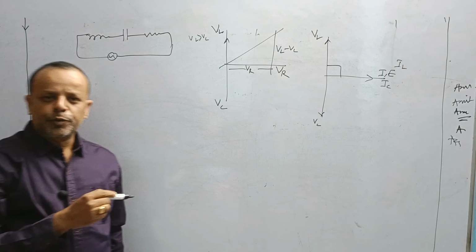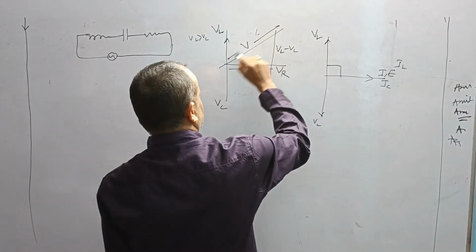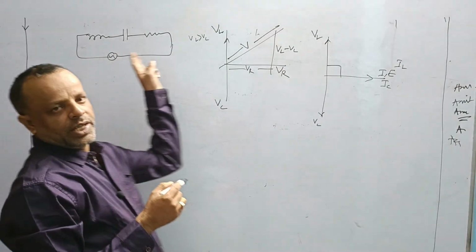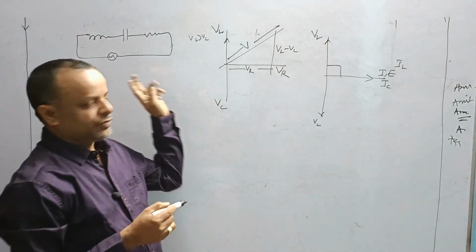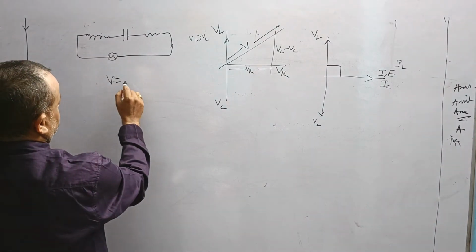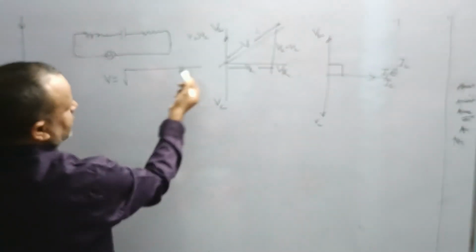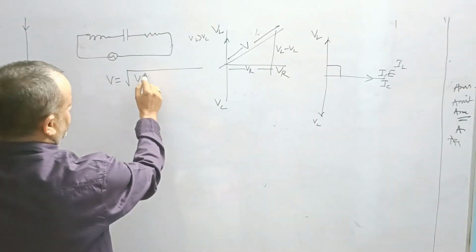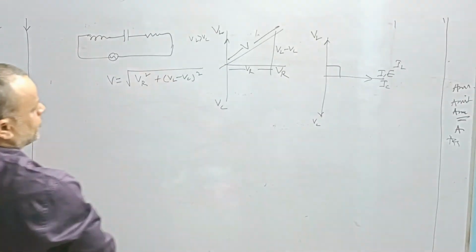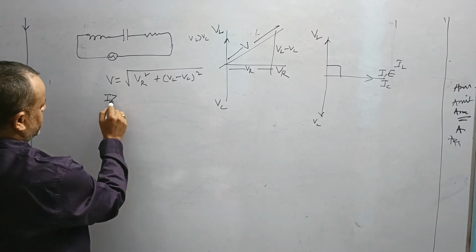Then the net potential due to the LCR circuit is not added algebraically because there is a phase difference between them. So how are we supposed to find the total potential across the LCR circuit? It will be like this: V equals square root of VR square plus VL minus VC whole square. And we know that this is I into Z.